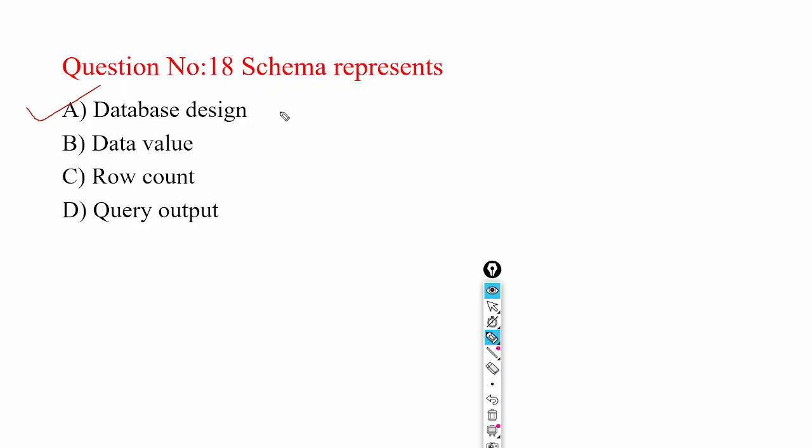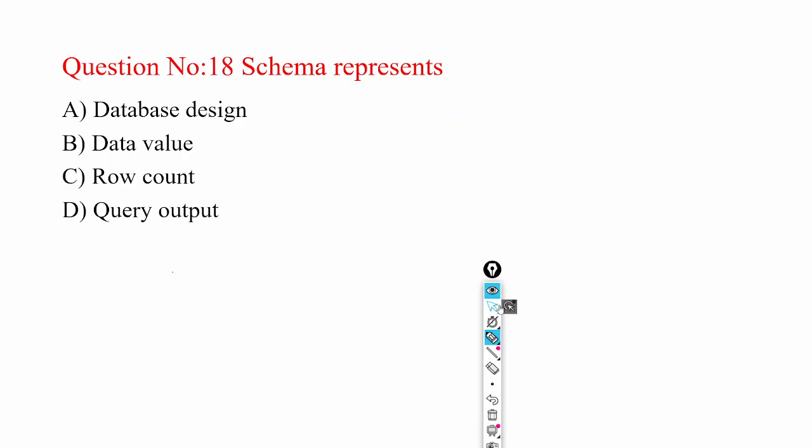We can also call it the logical structure of the database. If you want to construct any building, before that what will we do? We will prepare some blueprint, right? That blueprint we call a schema.